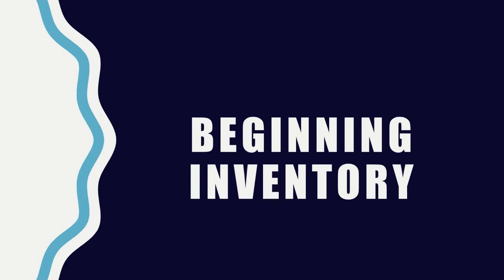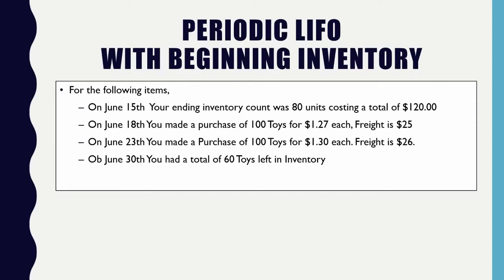So then, what happens when we have beginning inventory? Same idea, except this time, when we actually transfer beginning inventory, the same idea works for FIFO. You're going to treat this beginning inventory as if it was the first batch that you started out with. It's going to be the very first thing that you have in your inventory.